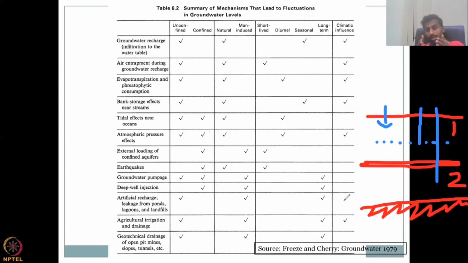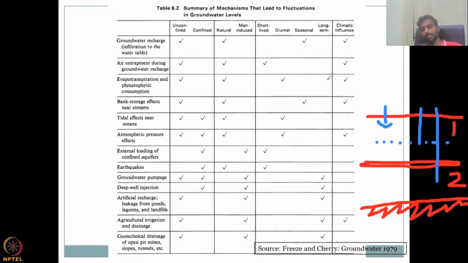Slopes and tunnels also, when they cut, there's some space where the water goes in. Okay, so suddenly you see an influence on the unconfined aquifer. The unconfined aquifer changes the level. It is a human-induced process. It is also long-term. So there are no climatic factors.